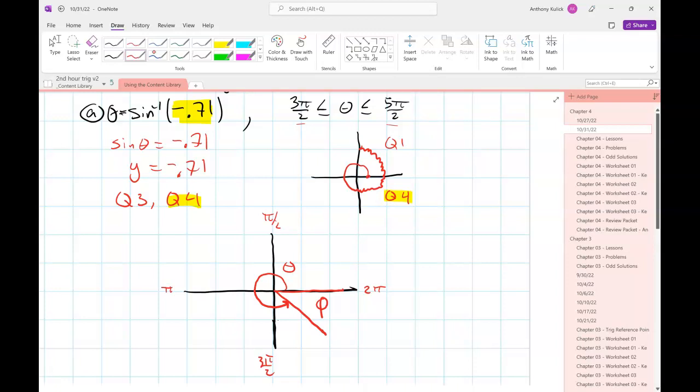Again, when we label variables, oftentimes we like to use the Greek letters to differentiate between a length, which we use our normal alphabet letters for. And now I'm going to write an equation that relates theta, phi, and this angle that makes up the x-axis that is the other part of phi. The angle phi that I'm drawing is always going to be between the terminal side and the x-axis.